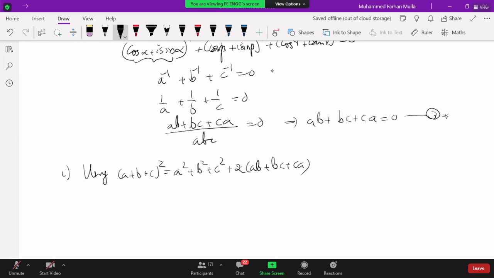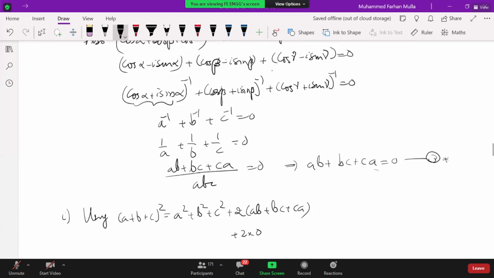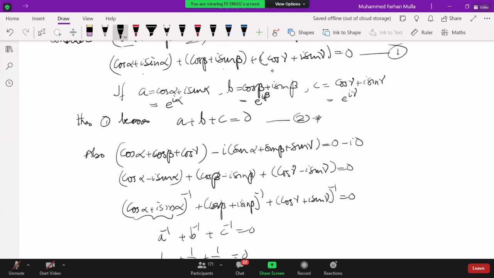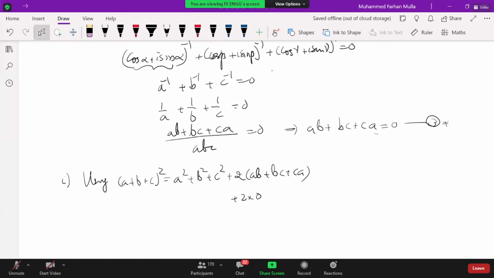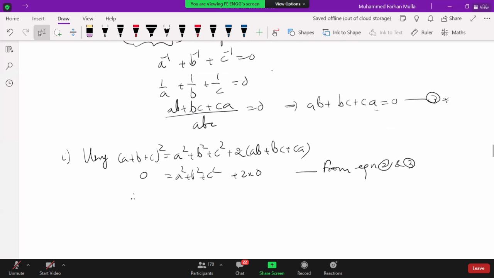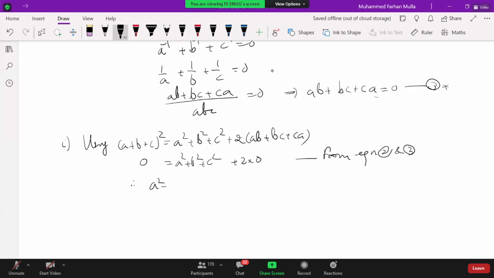But I know that AB plus BC plus CA is 0, and I also know that A plus B plus C is 0, from equations 2 and 3. So this is A square plus B square plus C square, and the rest is 0, from equations 2 and 3. Therefore, we have A square plus B square plus C square equal to 0.